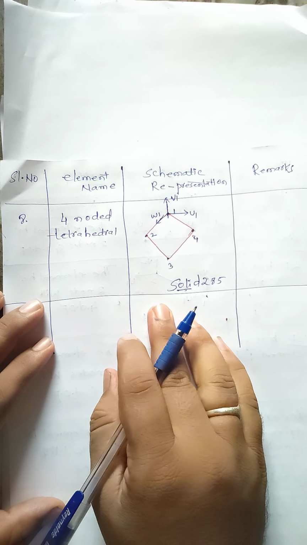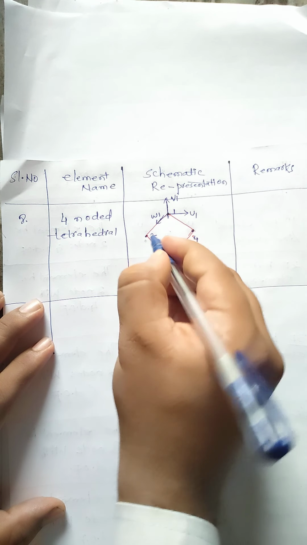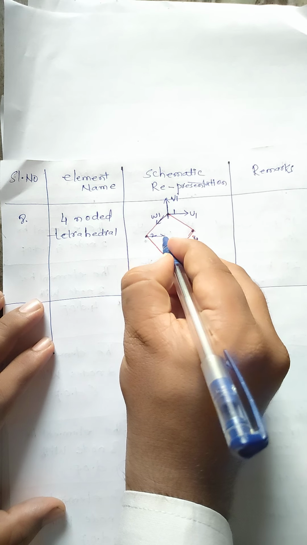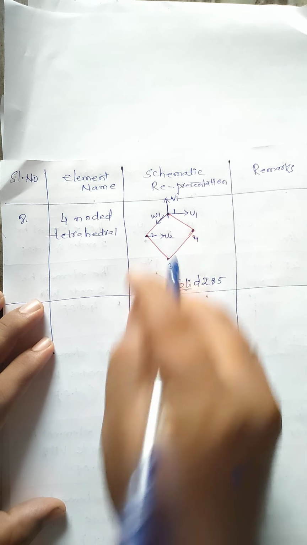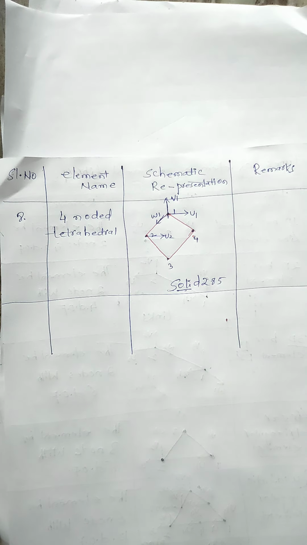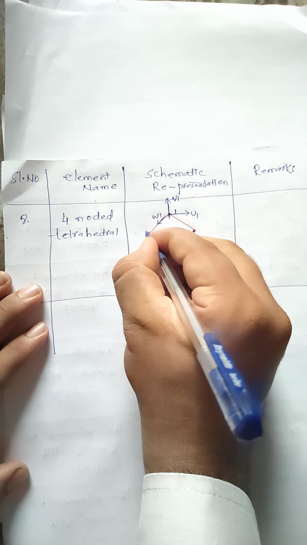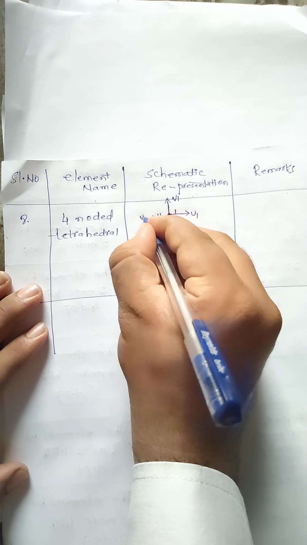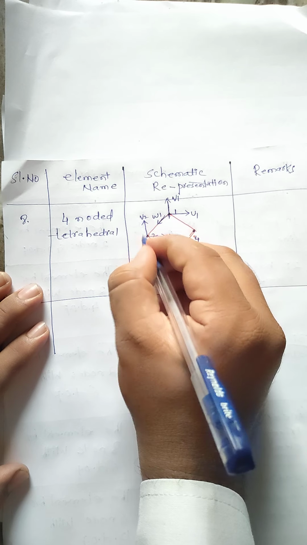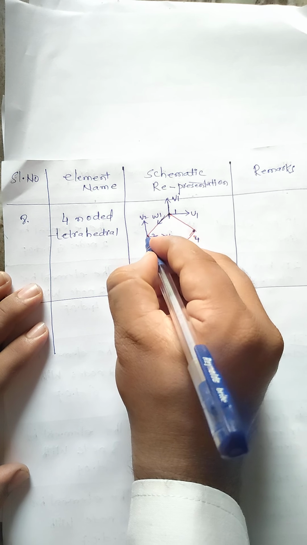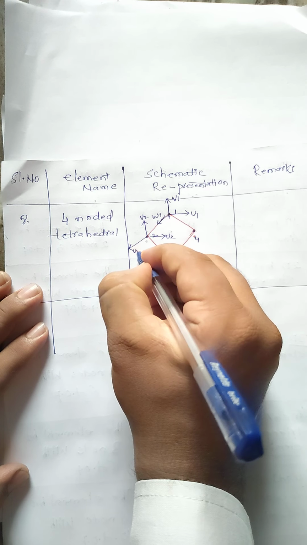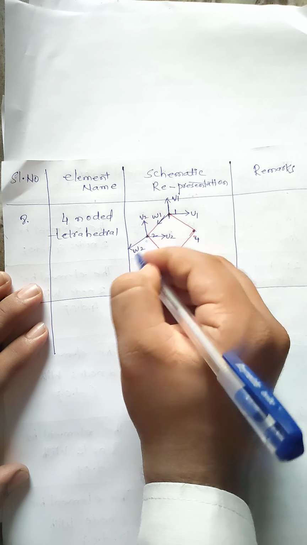Is it right? Come to node 2. The displacement u2 is acting in the x direction, displacement v2 is acting in the y direction, and displacement w2 is acting in the z direction.